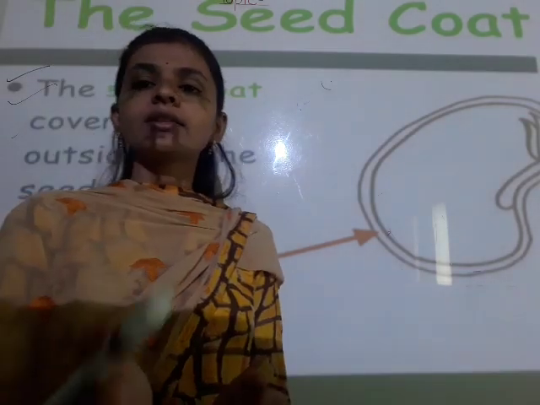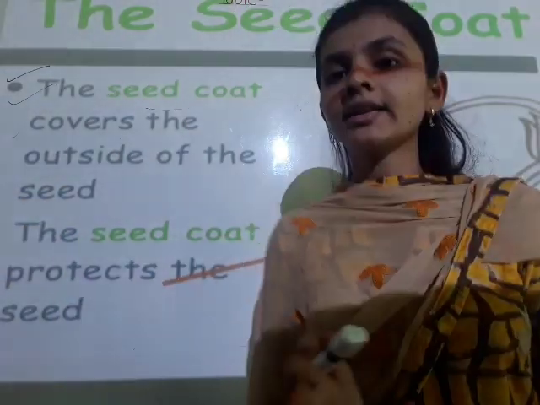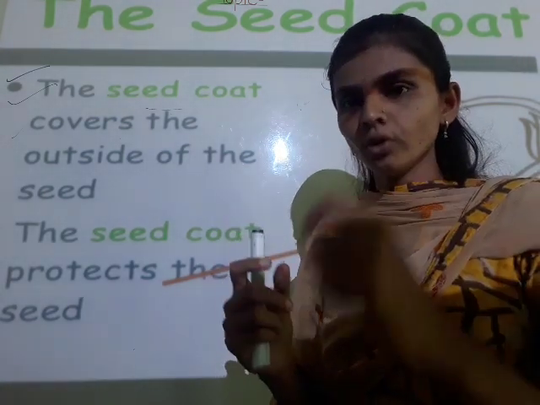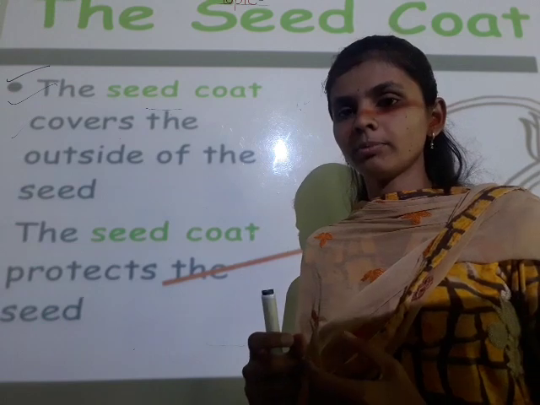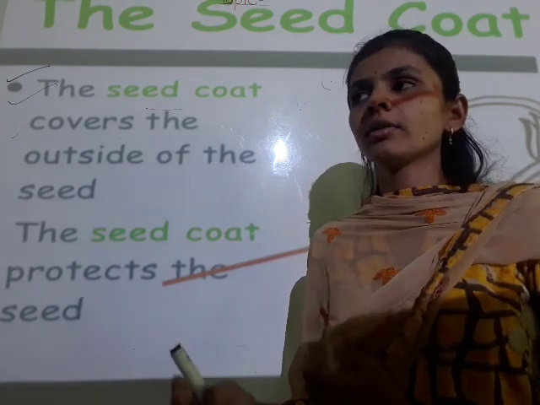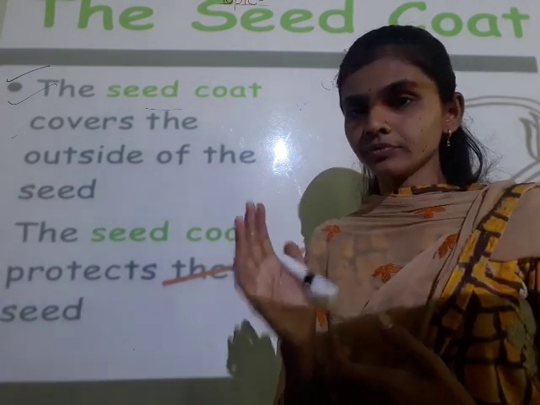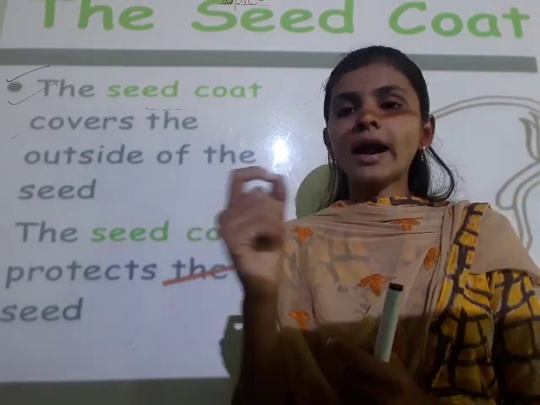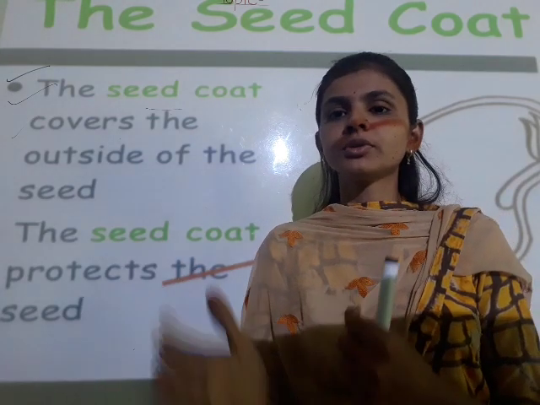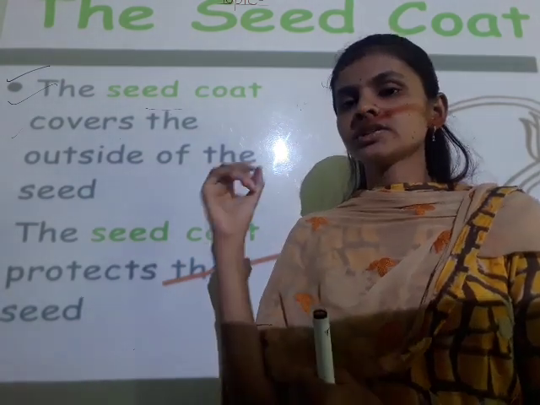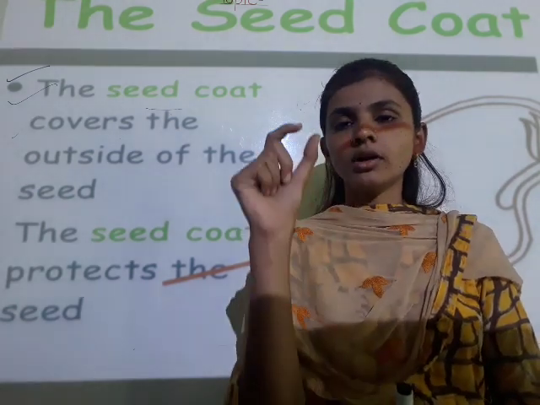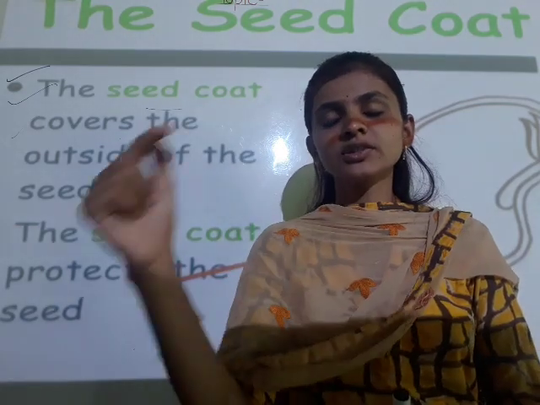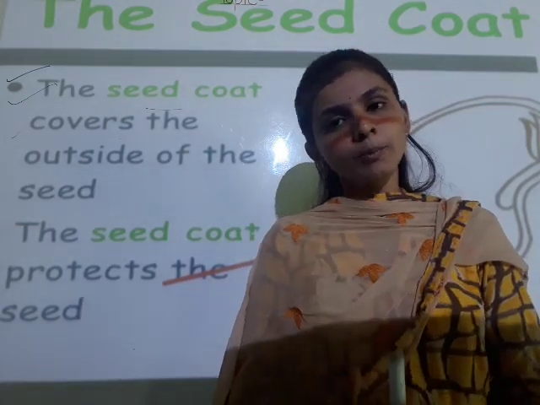Seed coat is present at the outer layer of the seed, so that's why we can say that seed coat protects the whole seed and the embryo, the newborn plant, from the outer side, from all the things that attack the seed from outside, from the moisture, from the rain and all those things. So the function of the seed coat is to protect the baby plant inside, and to protect all the parts inside the seed.